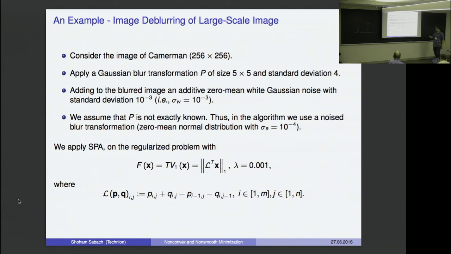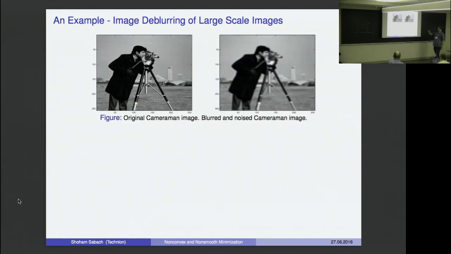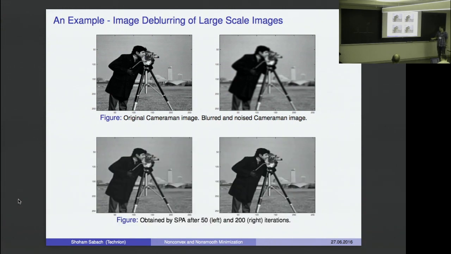So you see, just as an illustrating example, the original, the blurry noisy image, and you see that after applying SPA with 50 iterations and 2 other iterations, we get a very nice recovery of the image.